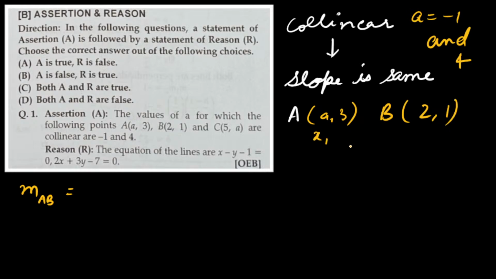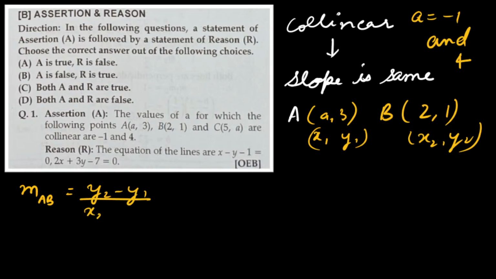One coordinate I can write as x1, y1, and the other as x2, y2. So slope of AB, the slope formula is (y2 - y1)/(x2 - x1).